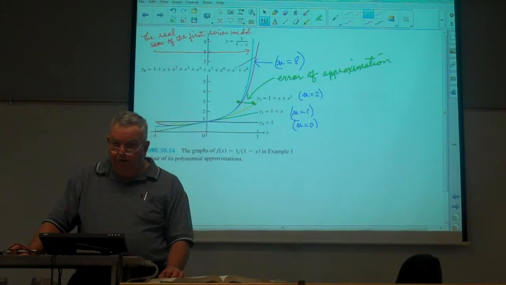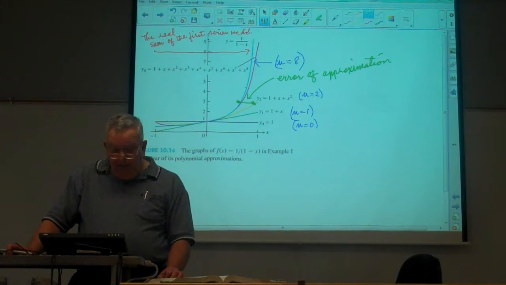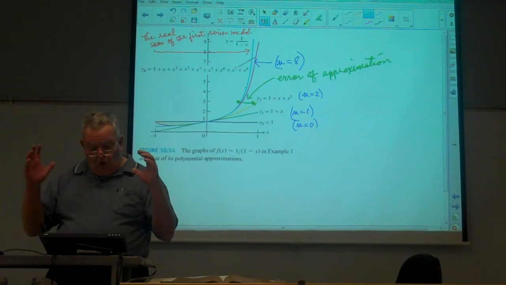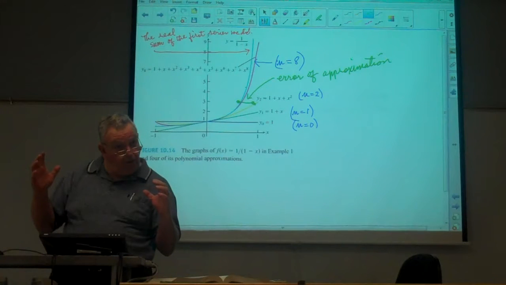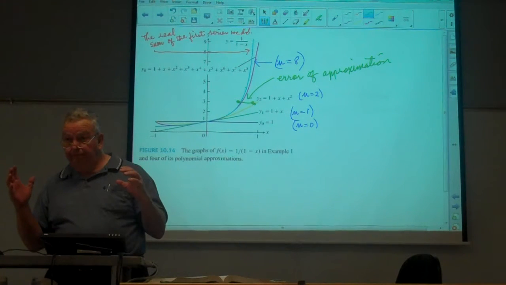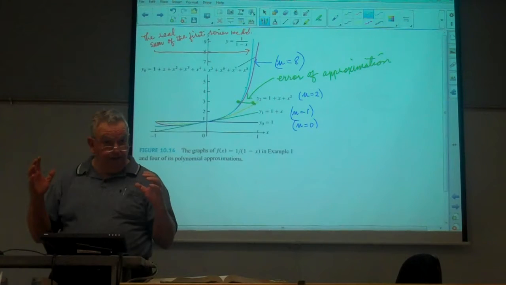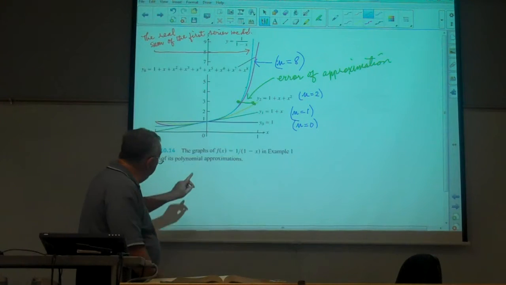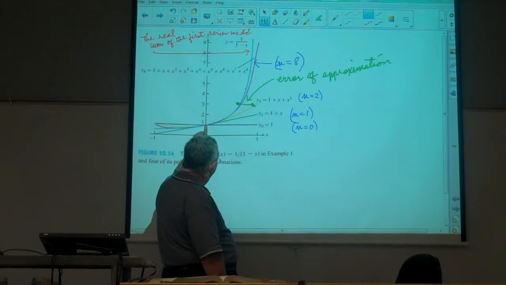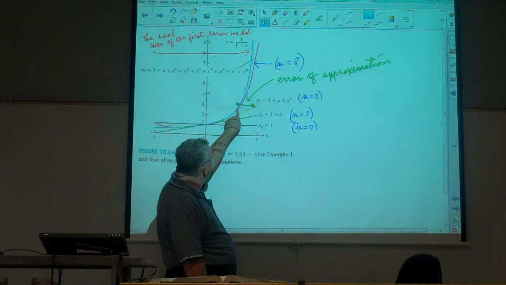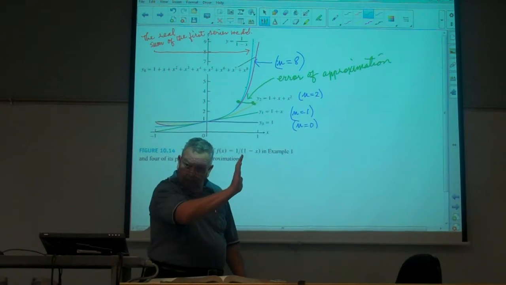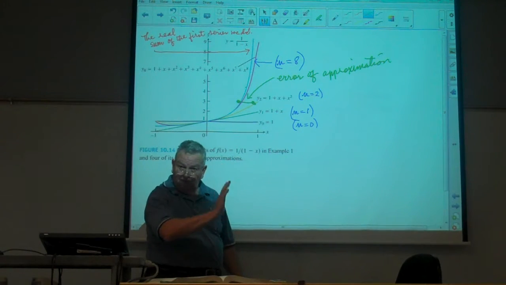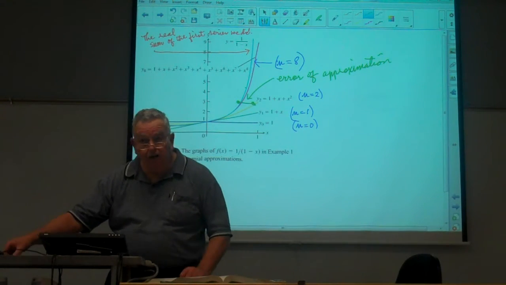So do you get the idea? So obviously it only works in a close area around the point where you start. Okay? So does everybody understand what we're doing? And if you want, instead of studying it around this area, if you want to study it around this area, you just move your series over. And I'm going to show you how to do that. Everybody all right with that?